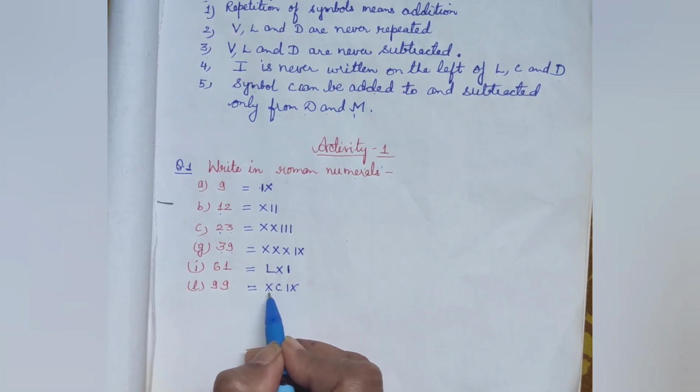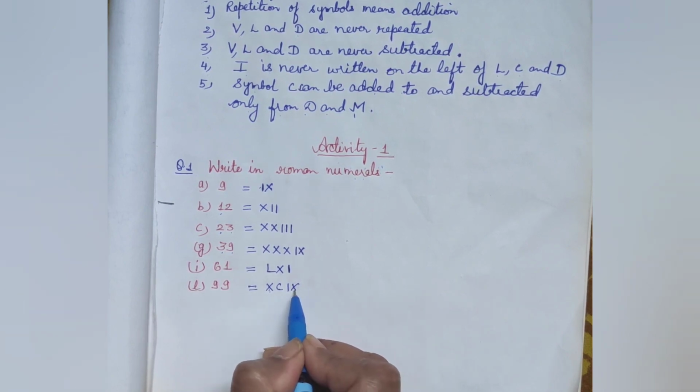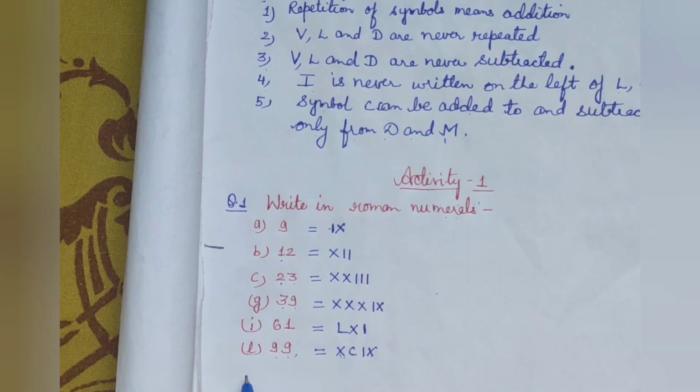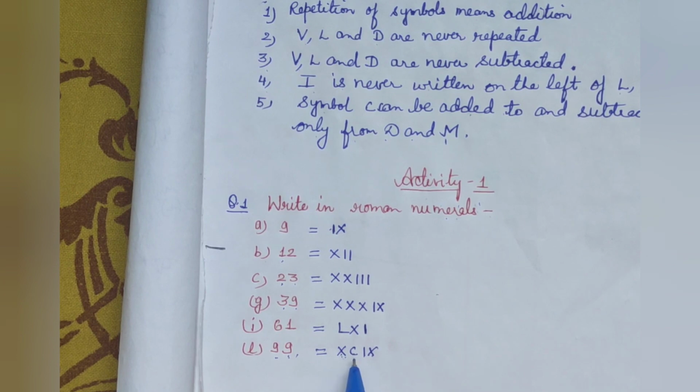XC is equal to 90 and IX is equal to 9, and we can say 99 is written as XCIX.